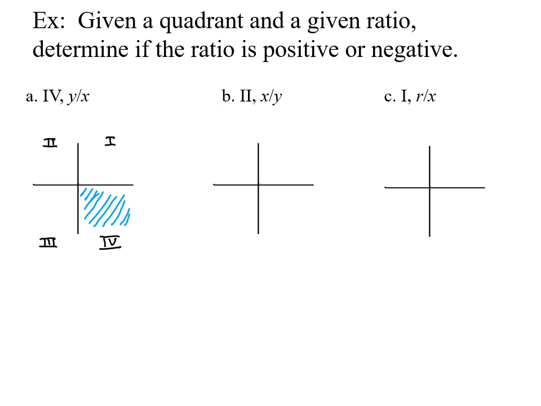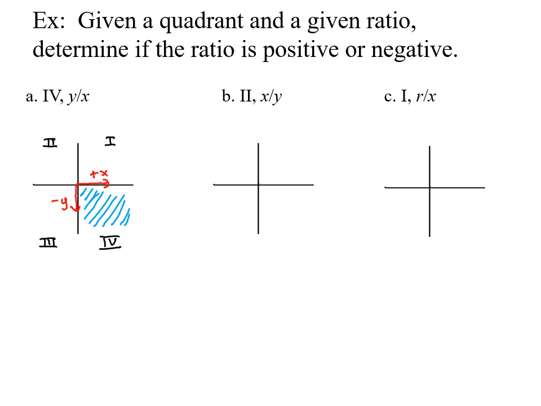And we have a y over an x. So everything in quadrant 4 will have a positive x because you're going this direction. That is a positive x, but you have to go down to get into quadrant 4. That is a negative y. So you're dividing a negative on the y by a positive on the x.